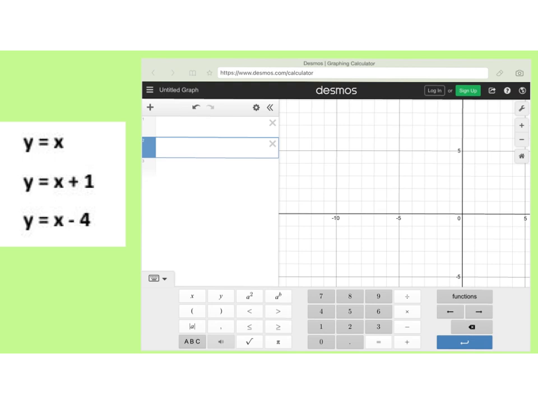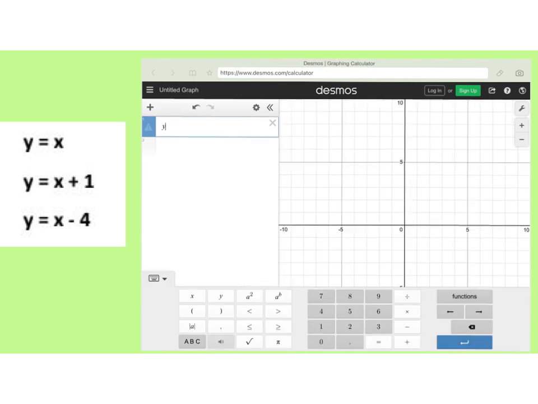So I'm going to start by showing you on Desmos how we can graph these equations and what happens to them as we graph them. So I'm going to start with my parent function, which is y equals x. So there's my parent function. Now what we're going to do is graph y equals x plus 1.